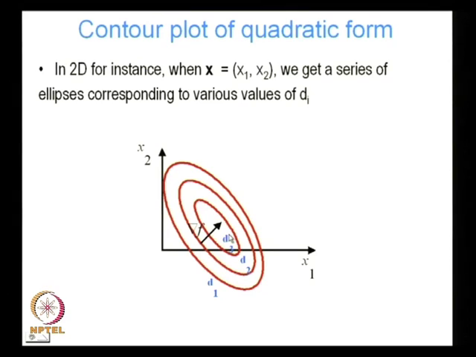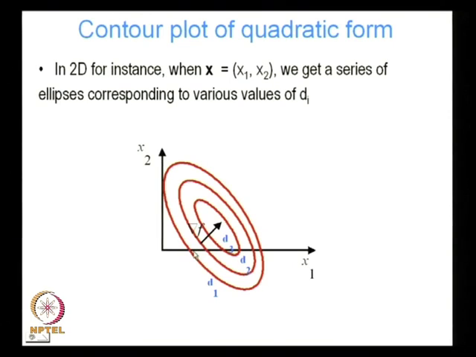And the problem that I am posing is, how am I going to calculate the values x1 and x2 which minimize the function f of x, right? You can think of it like this: these are ellipses, and these are like contours, right?